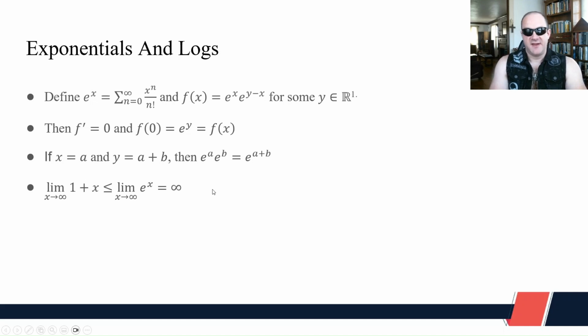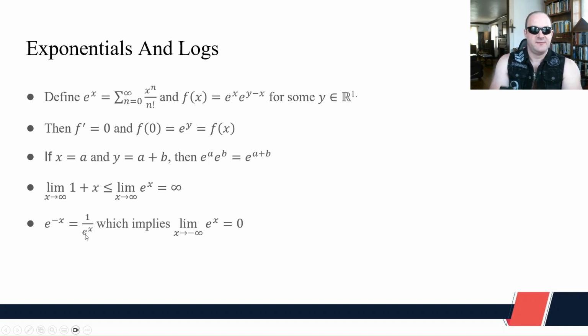You take this idea, you combine it with this formula here, and this tells me that e to the negative x is apparently 1 over e to the x for all values of x. And so therefore, because at positive infinity, it's going to infinity, at negative infinity, e to the x is going to 0.